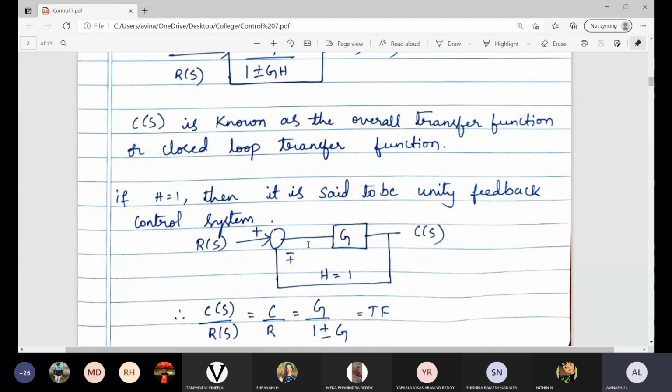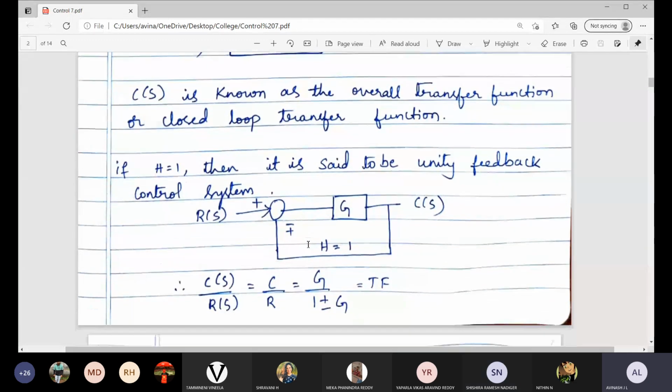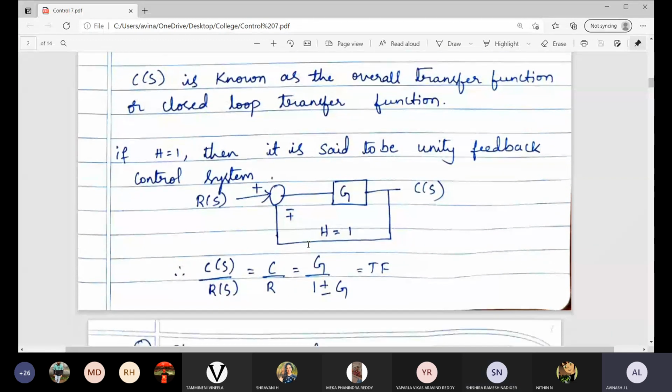Now in the feedback, instead of H, if it is 1, meaning a single line is given, that particular line is called unity feedback. If H equal to 1, then it is said to be a unity feedback control system.